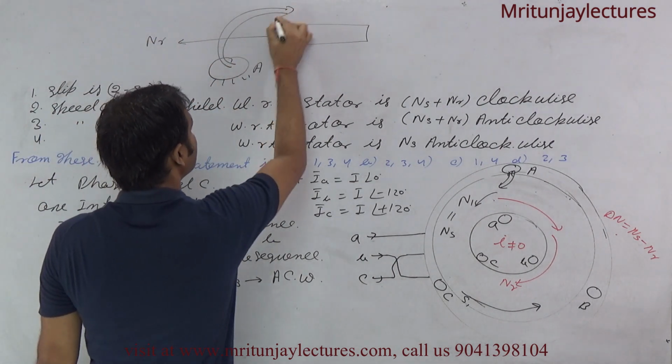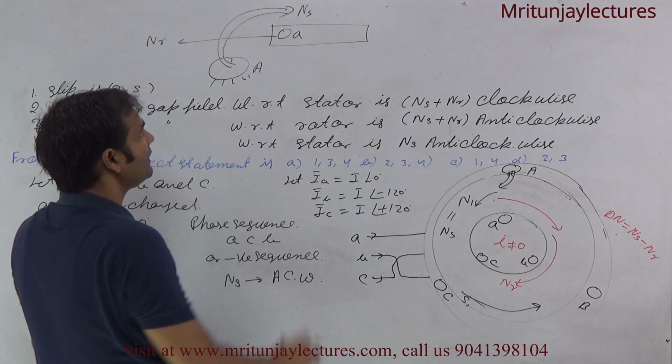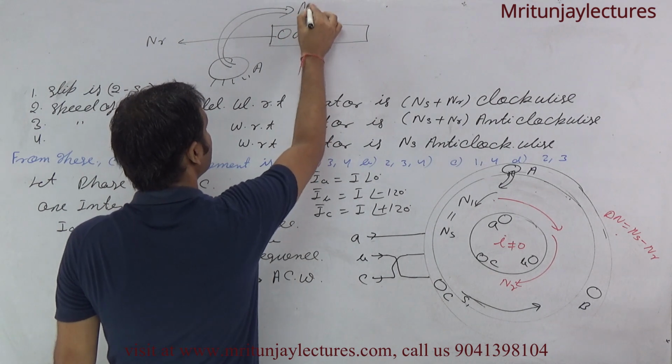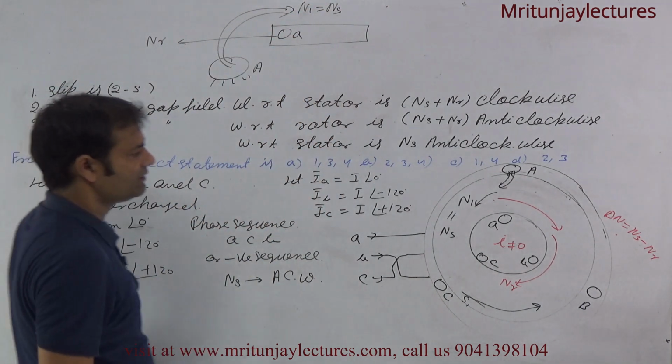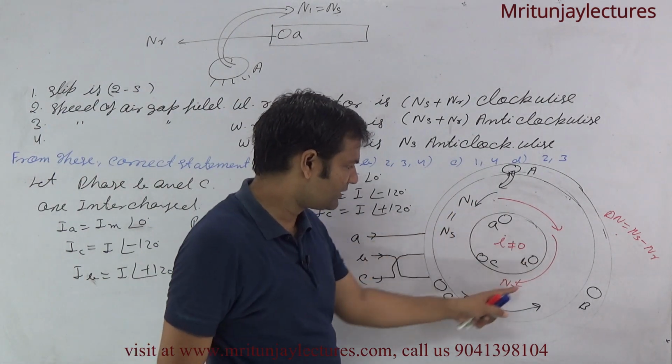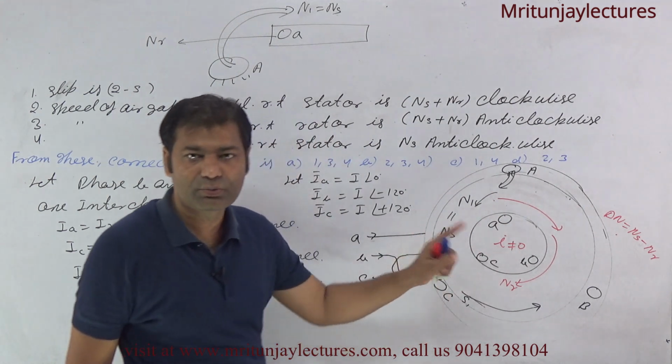Now if you sit on the stator and see, N1 is moving at speed NS and the rotor is moving in the opposite direction. Clear? This is clockwise and this one is anticlockwise.